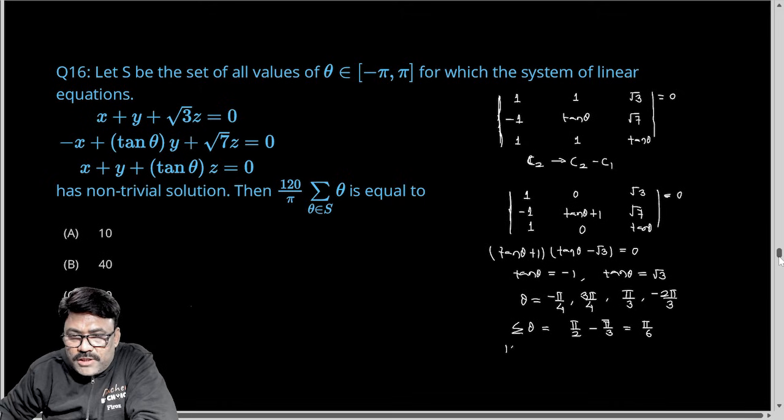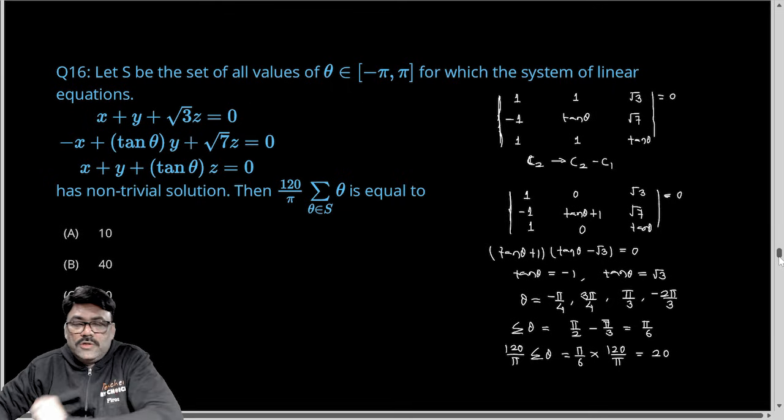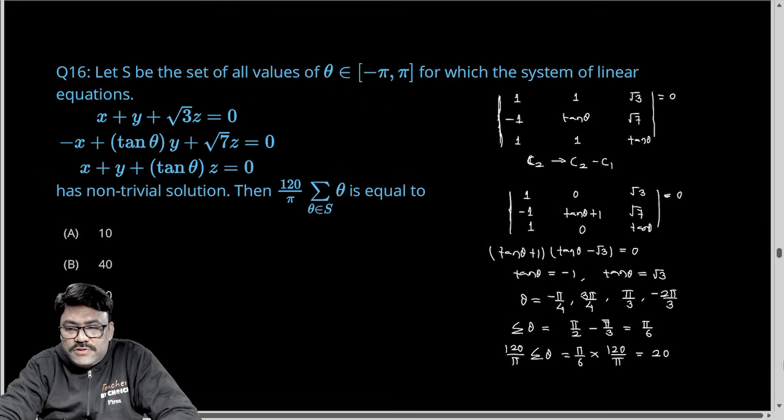Now if I multiply it with 120 over pi, pi by 6 multiplied with 120 over pi, hence it is 20. So 20 should be the correct answer, which is option D.